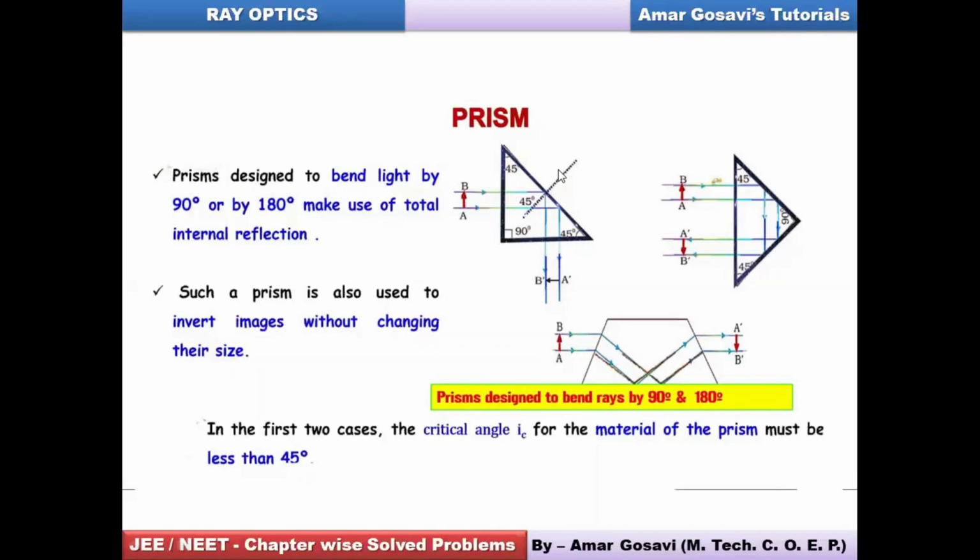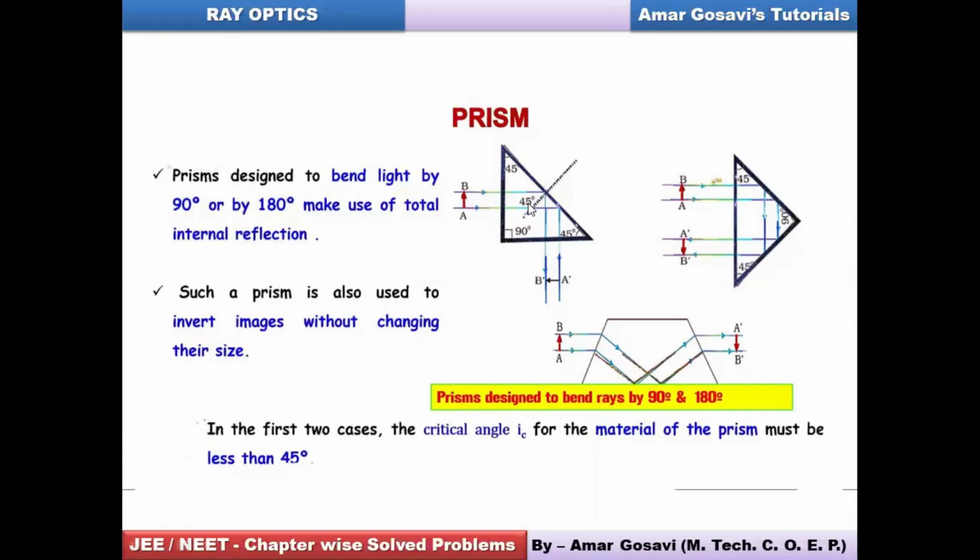For a glass air pair, the critical angle is 41 degrees. So if the angle of incidence has become 45 degrees over here, I can straight away say that the angle of incidence is greater than the critical angle for a glass air pair.